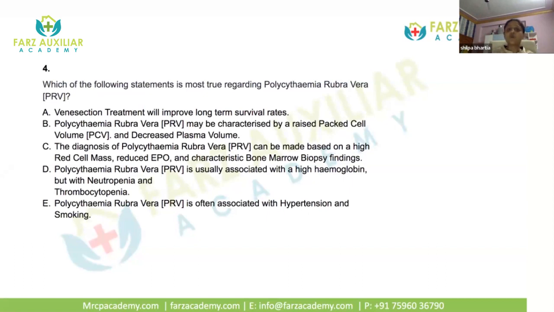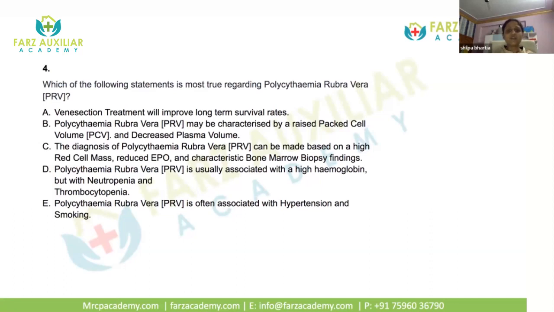So which of the following statements is true regarding polycythemia vera? Venesection treatment will improve long-term survival rates. PRV may be characterized by a raised packed cell volume and a decreased plasma volume. The diagnosis of polycythemia rubra vera can be made based on a high red cell mass, reduced EPO, and characteristic bone marrow findings.